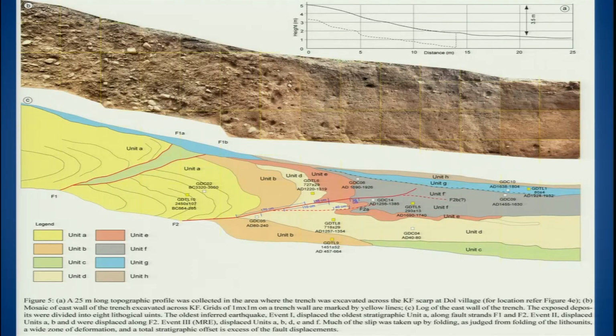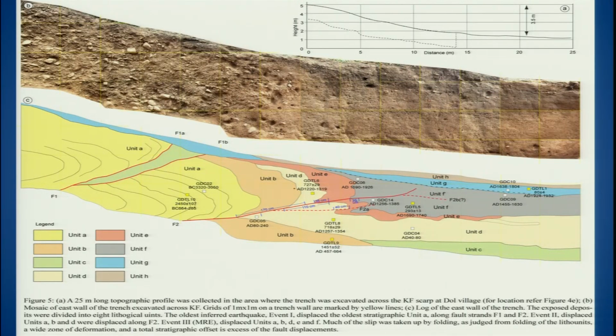After mosaicing the photographs, you can prepare a detailed sketch, but as I discussed right in the beginning, we did the sketching of the trench precisely using the grid in the field on graph sheet, and we demarcated different units in the field itself, because that helps in identifying the fault strands as well as the contacts between the different units.